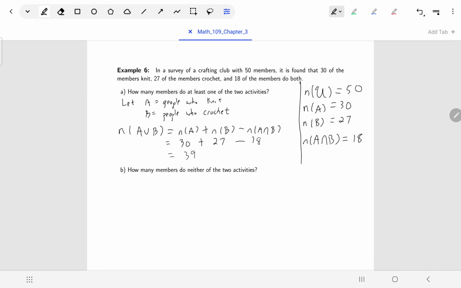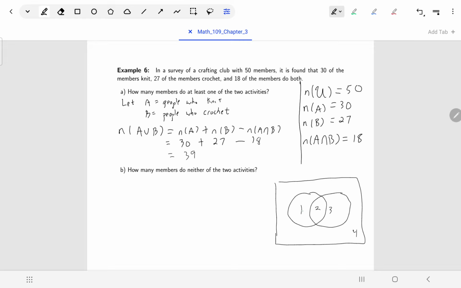If we're thinking about doing neither of the two activities, so you are not crocheting and you are not knitting, I'm going to draw a Venn diagram here because this is something where I don't necessarily have a formula. I know that regions 1, 2, and 3 all add up to 39, because that's what we just found.